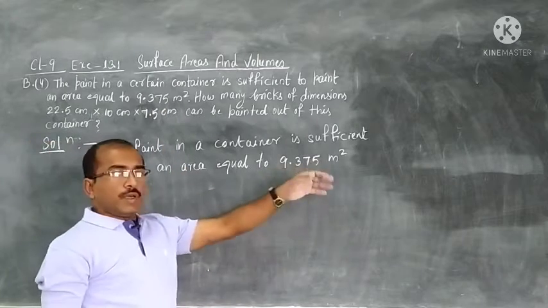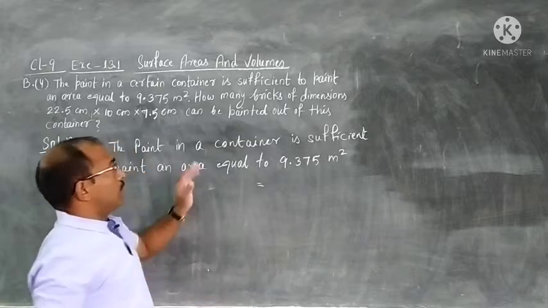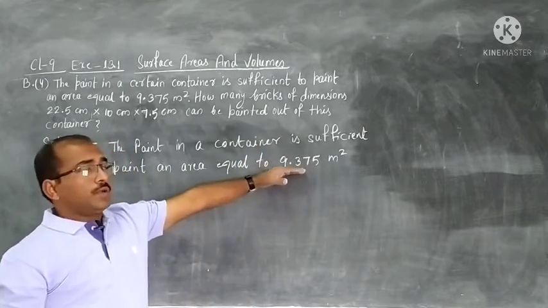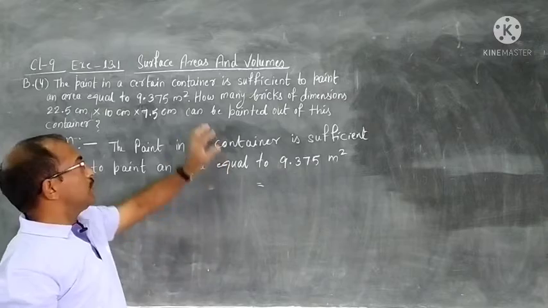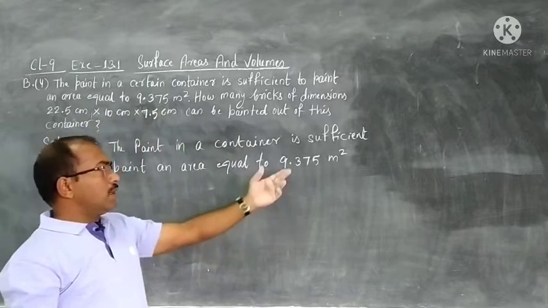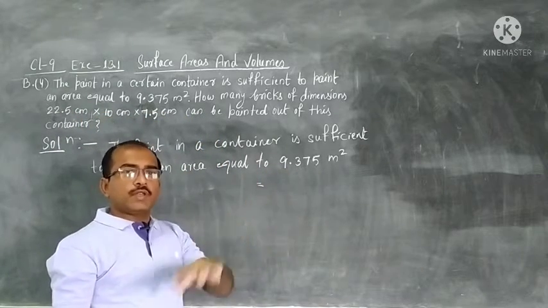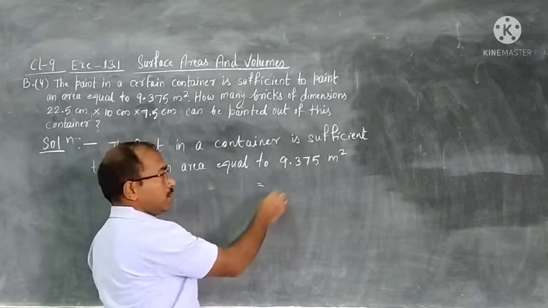So this area we will convert into centimeter. Sometimes, if we don't convert the area, we will have to convert the bricks' dimensions into meter. So here are 3 dimensions. Instead of converting these 3 into meter, let us convert this area into centimeter. But remember, area is in meter square.